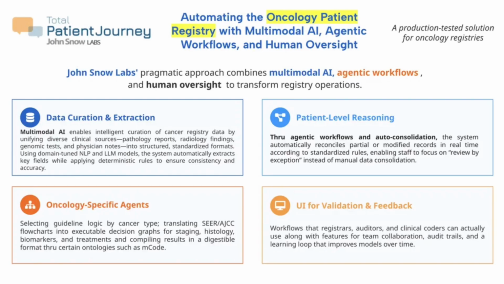There is a data ingestion pipeline and then a filtering pipeline to remove the irrelevant data by using small language models and pre-trained clinical models that we have been building at Johnson Labs for the last 7 years. At the first layer, we weed out the irrelevant documents and then put them in a timeline. At the second level, we build patient-level reasoning to reconcile records in time. And the third one is we apply oncology-specific logic.